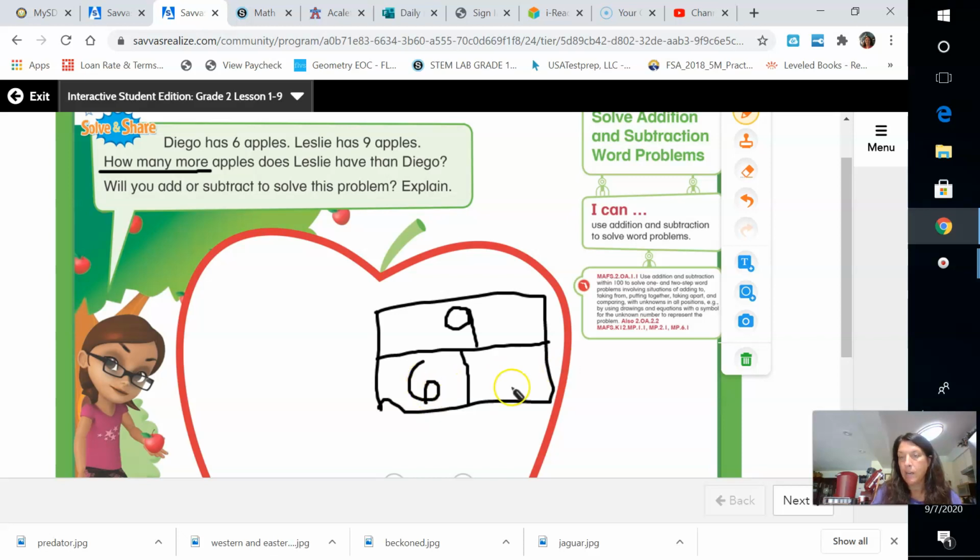If we were adding, I might have had to put the numbers here, right, in the add-ins? But we want to know how many more 9 is than 6. So what problems would we write? Well, we can write 6 plus something, because we don't have our other add-in, equals 9. Or we could write 9 take away 6 equals something.